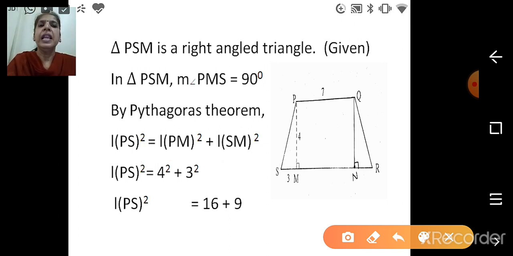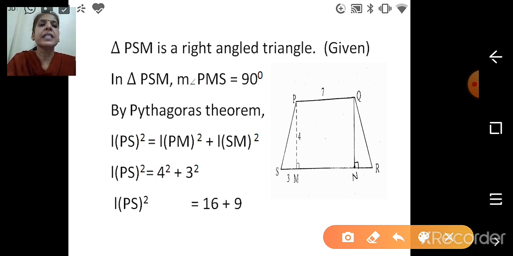Now length PS square is equal to, substitute the value. We know PM is given 4 and SM is 3. So 4 square plus 3 square. Now we have to solve. Length PS square is equal to square of 4, children, 16, and square of 3, 9.